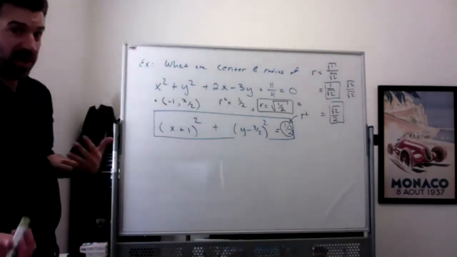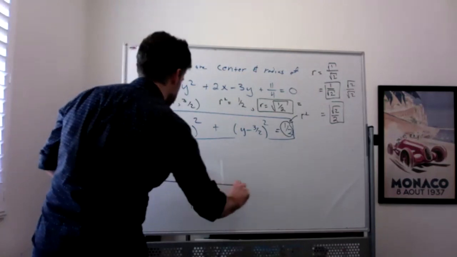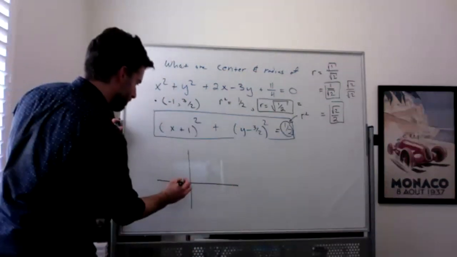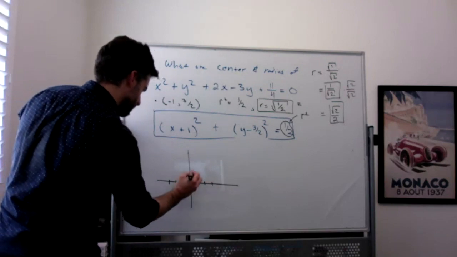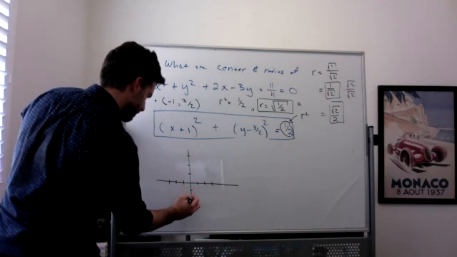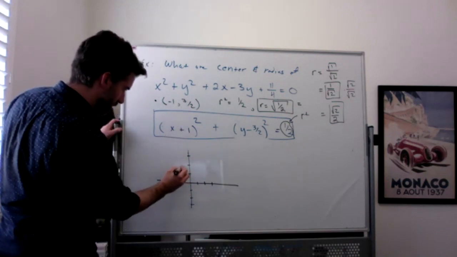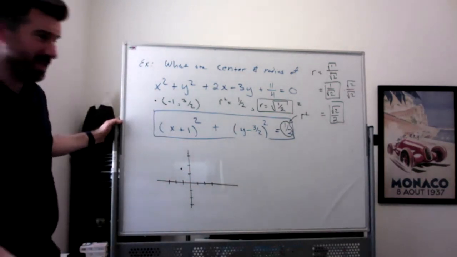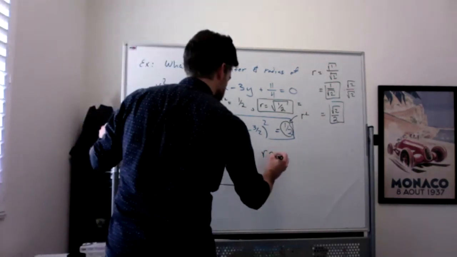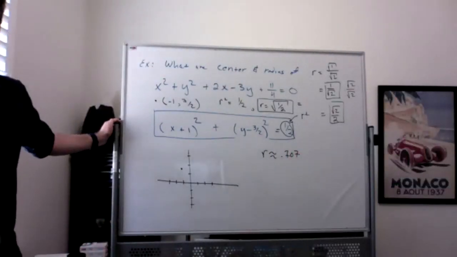So here's what I would do if I was having to graph this. Find my center. So the center is -1, +3/2, which is 1.5. So my center is like right there. And then my radius is, I said it was about 0.707. All I know is that's a little bit less than 1.